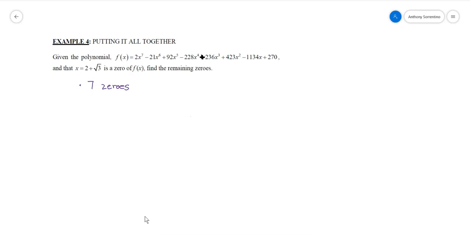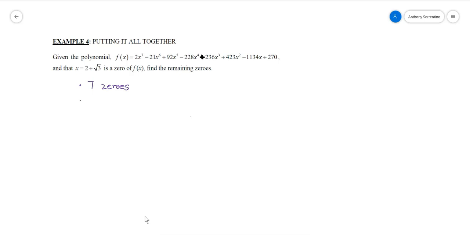I don't know anything beyond that at this point. If any of them are going to count more than once and have a multiplicity, I have to wait and do more detailed work on this function to find out. But I do know I expect to have 7 zeros, one of which was given to us already. So there's 6 more I have to find.